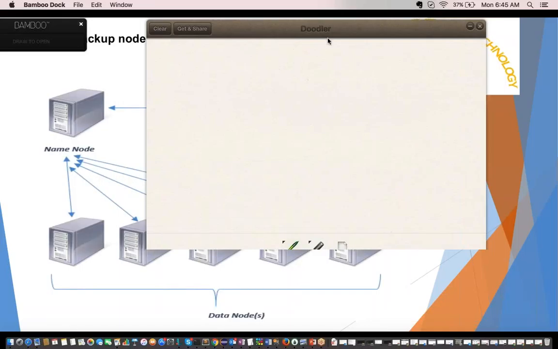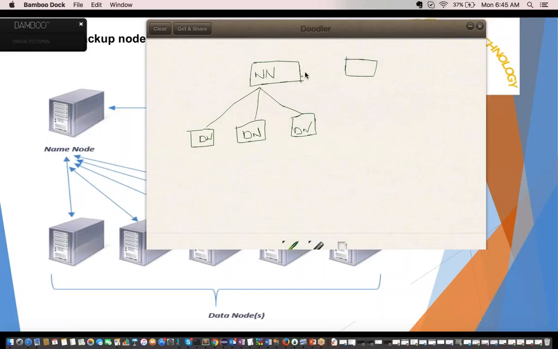They keep talking to these guys. It is the secondary name node, and I have the client and all. What will the secondary name node do? It will periodically talk to the name node, on an hourly basis, or when the transactions meet the limit, when it reaches the checkpoint. At that time it will start downloading the data from the name node, merge it, and upload it, right?